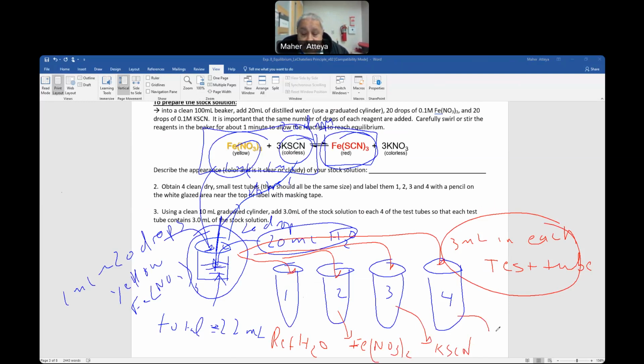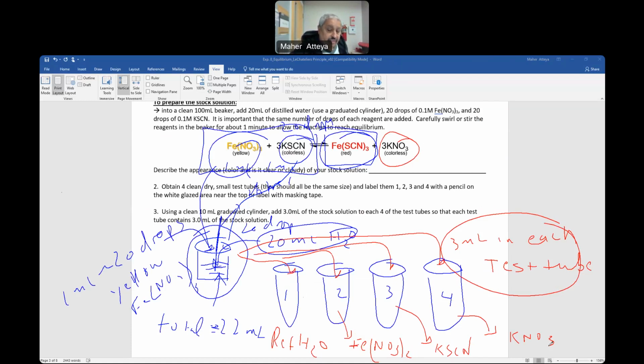And the fourth one, you'll add your potassium nitrate. So, the reference gets H2O, the second gets iron nitrate, the third potassium thiocyanate, and the fourth one is potassium nitrate. Okay, guys?